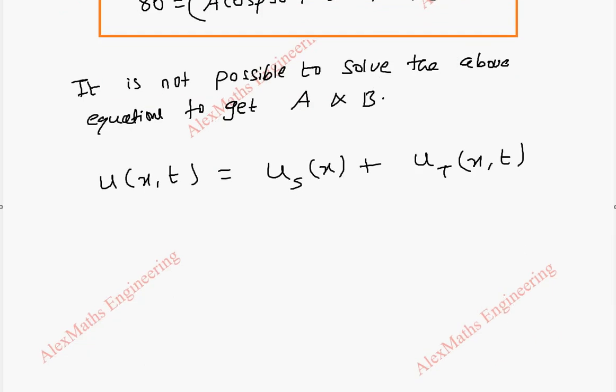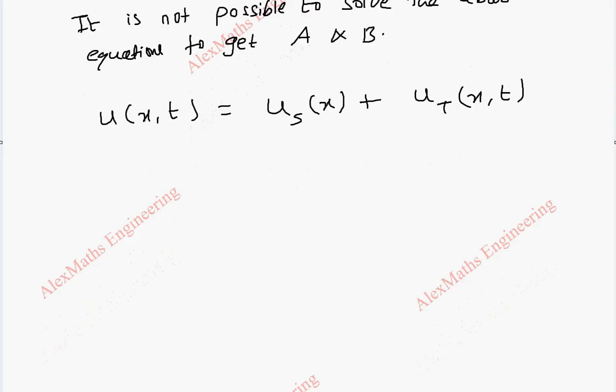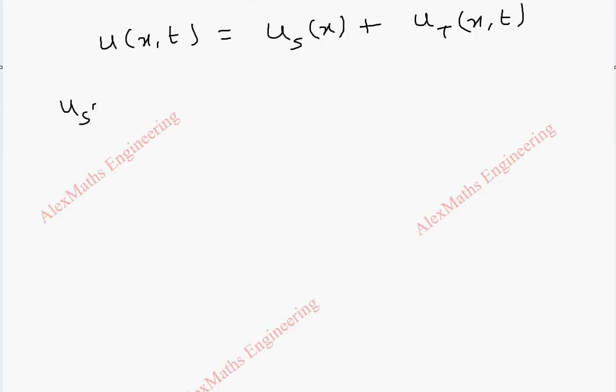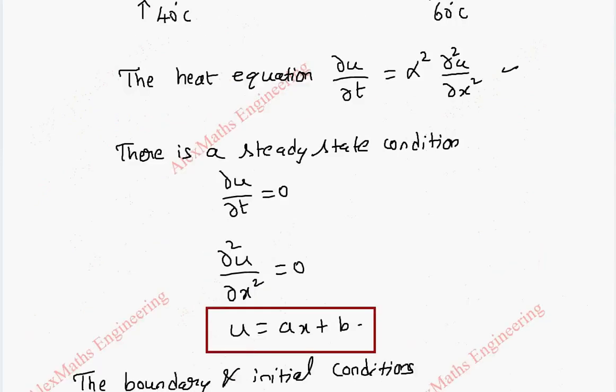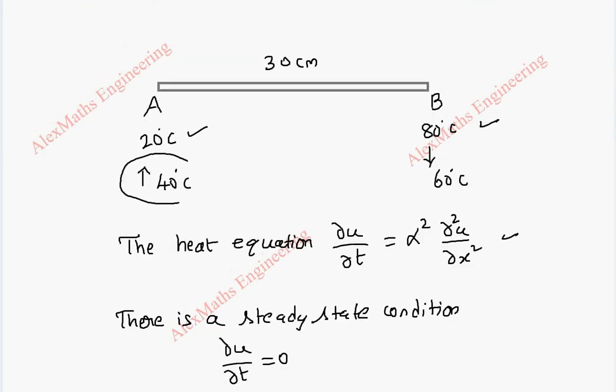Now we are going to write the initial and the boundary conditions for u s of x. So this is the first condition, and here we notice that the temperature at A is increased to 40, at B it is decreased to 60.